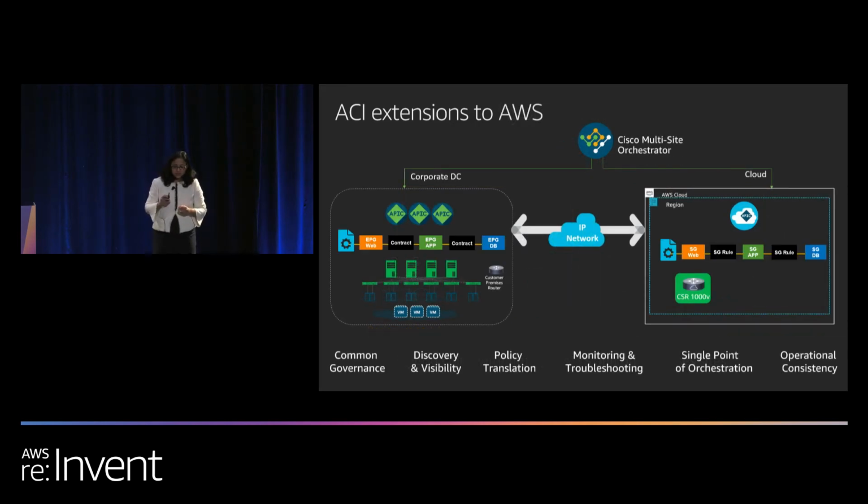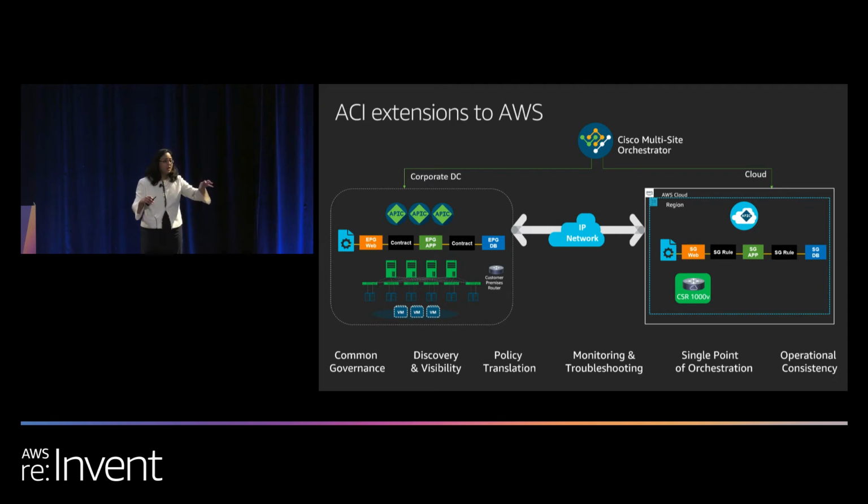So let's do a double click on how it looks. The Cloud APIC can run in any region within AWS. We support both commercial regions as well as GovCloud. The translation that it is doing is from your policy language from Multisite Orchestrator to the cloud native policy language. Now, you can also run this solution without an on-prem data center.